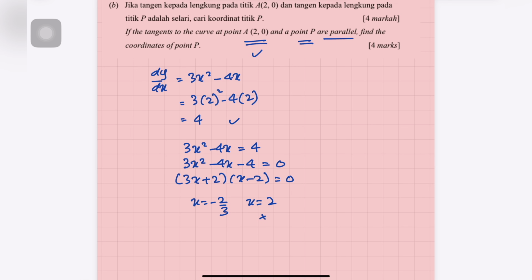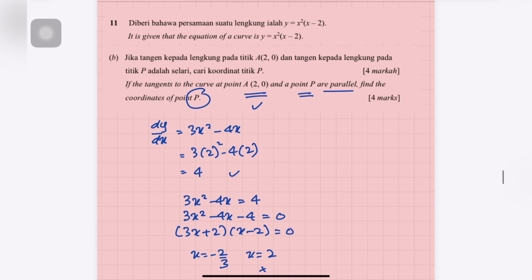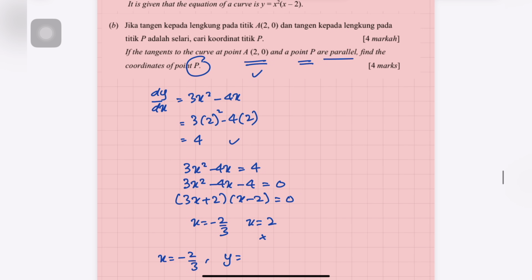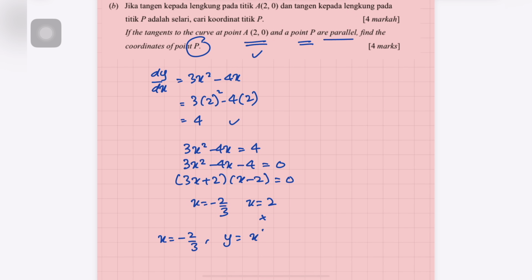So to find the coordinates of P, now we have the x-coordinate. To find the y-coordinate, we substitute into y. So when x equals negative 2/3, y equals, just now this is our y from above, x cubed minus 2x squared.